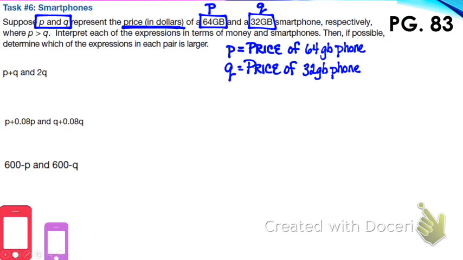So it's going to be more expensive. That's exactly what they're saying right here. This phone is more expensive. Which makes sense when I think about real world, right?